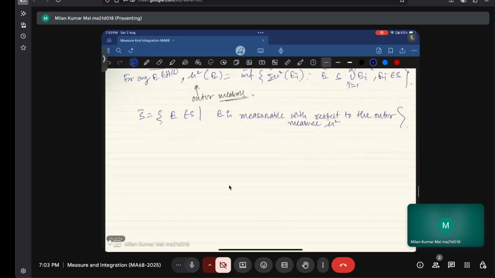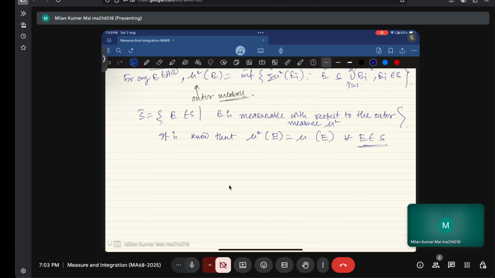Now if we restrict, it is known that mu star of E is equal to mu of E for all E belonging to S only, not in HS.